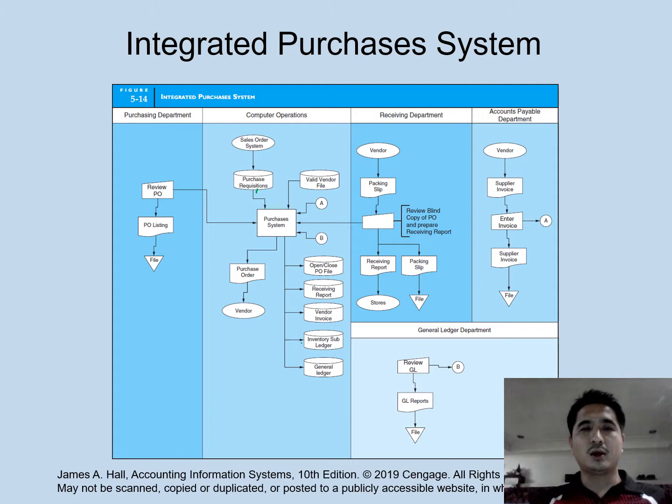Another important alternative to automatically printing the purchase order, because it's difficult every time there's a purchase requisition, for example, the one in charge here, the one who monitors the activities, the computer operations, will just see the printer automatically printing the purchase order.